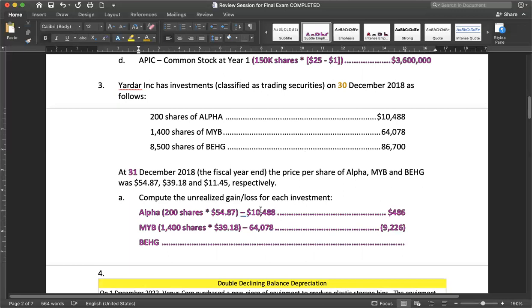And then for BEHG, they own 8,500 shares, and it's worth $11.45 a share. And then we need to subtract away 86,700, which was the cost.